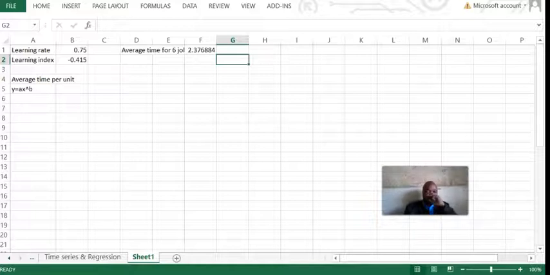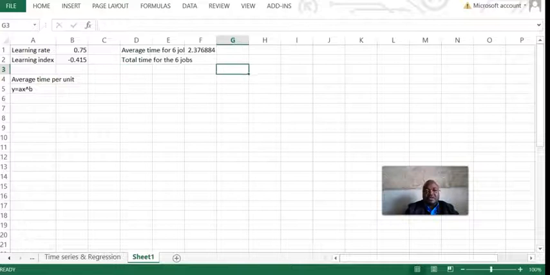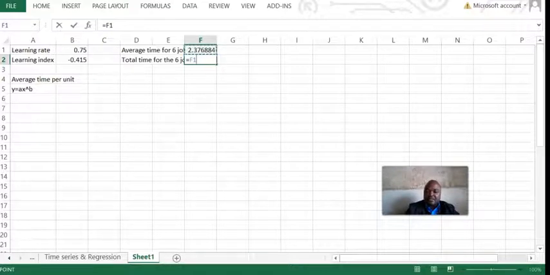So each of those 6 units is going to take 2.37 hours. And then we are going to have the total time for the 6 jobs. This one is equal sign, this average multiplied by 6.